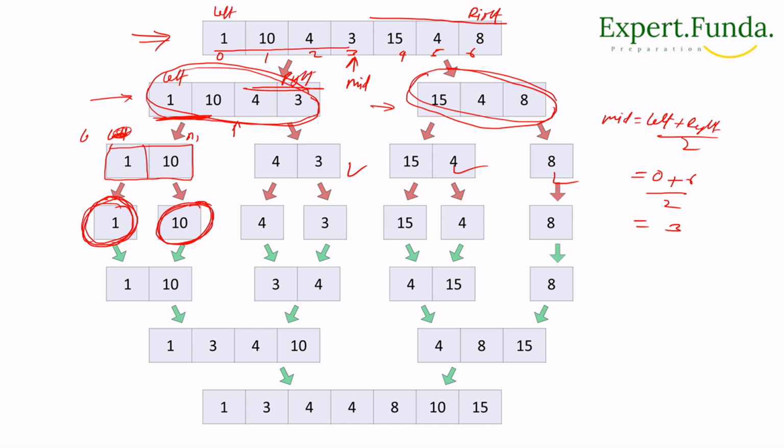This is our left, and we are going from left to n1. Similarly for this one, this is our mid plus 1, and we are going to n2.